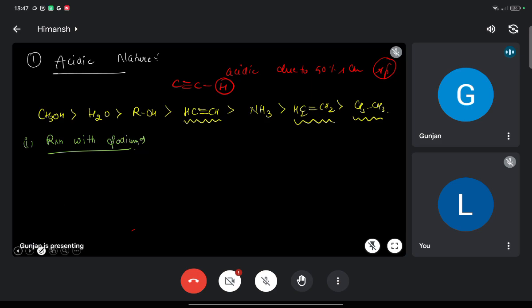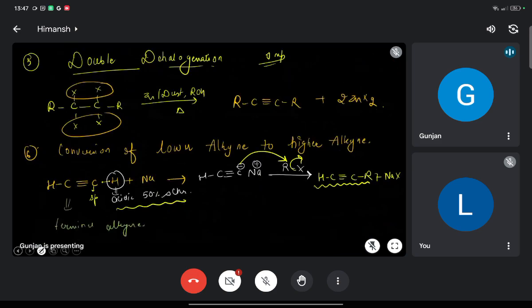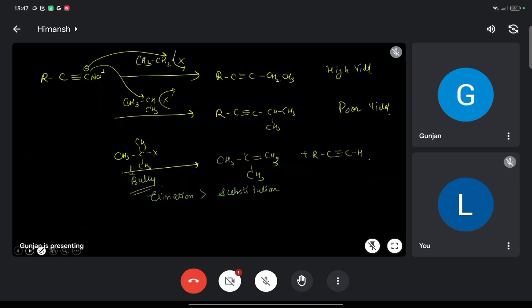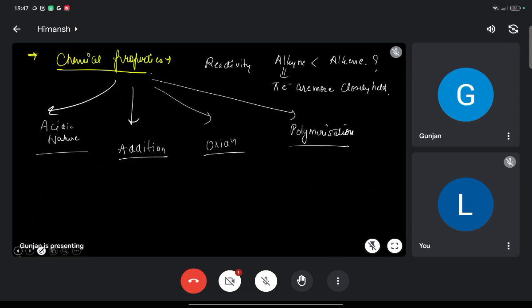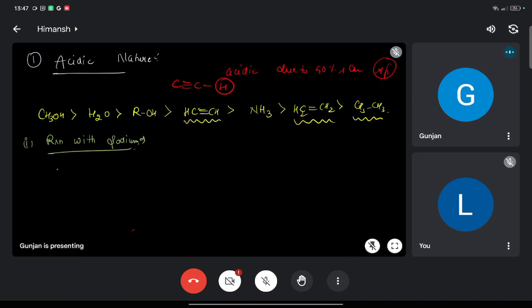With sodium, we get a salt, sodium alkynate. Any terminal alkyne, having acidic hydrogen, will react with sodium.